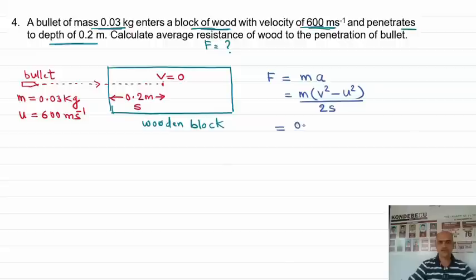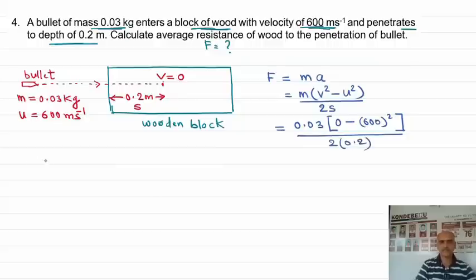Mass of bullet is 0.03, final velocity is 0, initial 600 square, divided by 2 into 0.2. Now if I simplify, F is equal to minus 0.03 into 600 square. You calculate, 6 square is 36. There are two zeros, means after squaring you will have 4 zeros, divided by 0.4.